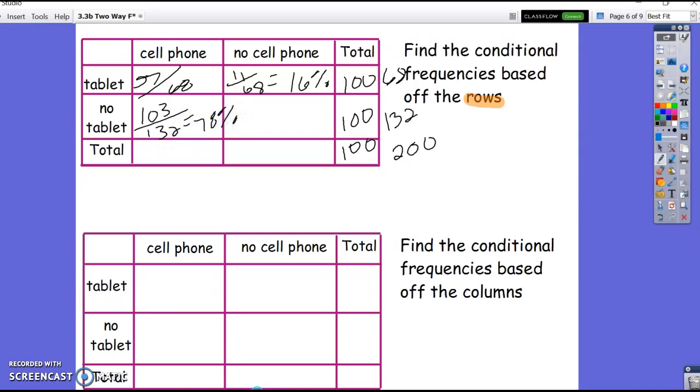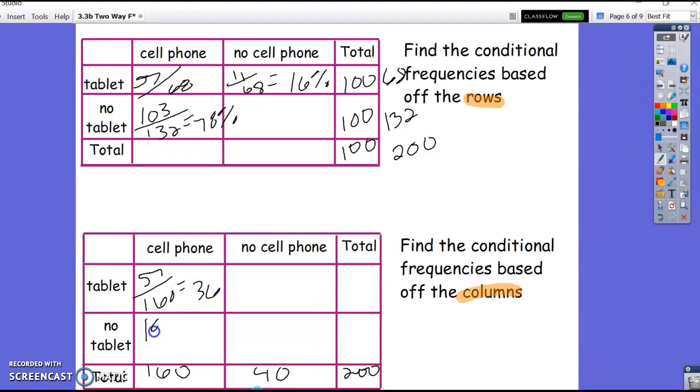Okay, very quickly looking down here, the conditional frequencies based off columns. So here we need to know the column totals. So remember that 160 had a cell phone, 40 had no cell phone, and still that total of 200 students is what we're talking about. So this time we're going to take 57, divide it by that column total of 160, and that will leave us with 36%.